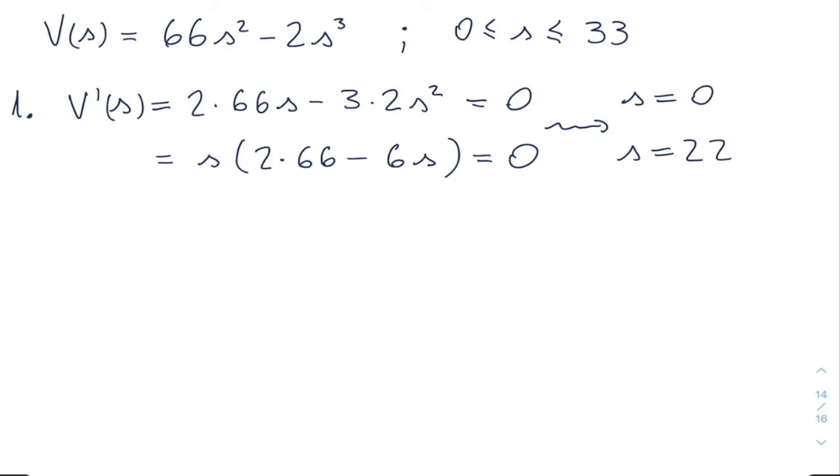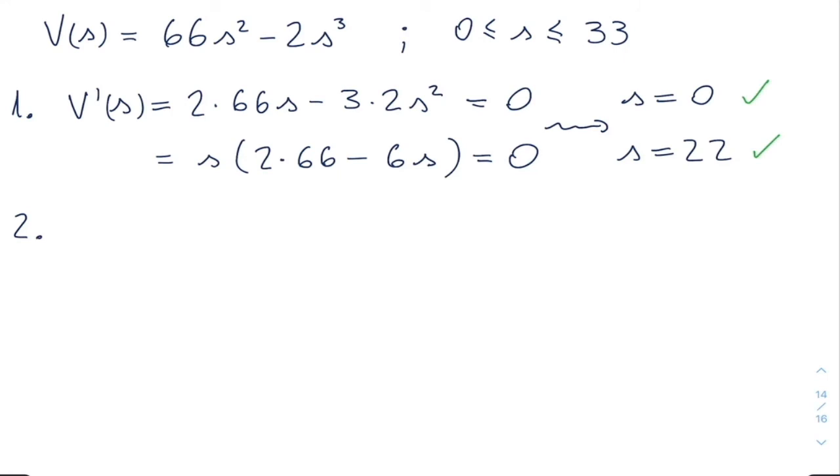So now that we found our critical values, and in fact all these critical values are relevant to our problem, so 0 and 22 are both in the interval we want to study, we need to find what is the maximum. To do so, remember, with the closed interval method, we can just evaluate all the critical values and the endpoints of the interval.